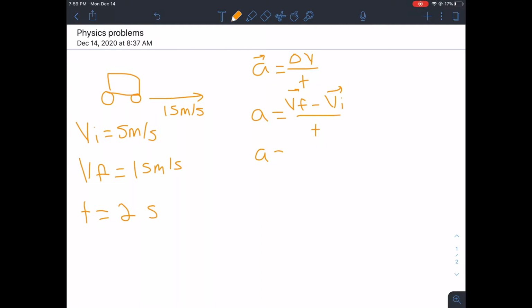Acceleration equals 15 minus 5 over 2. Acceleration equals 10 over 2. So that means our acceleration is 5 meters per second squared.